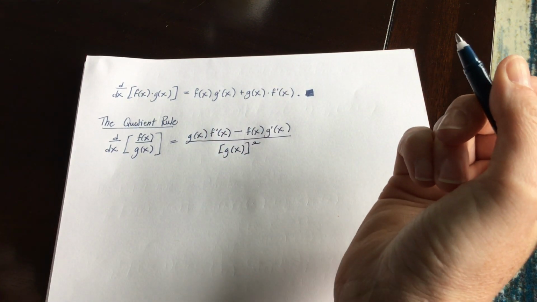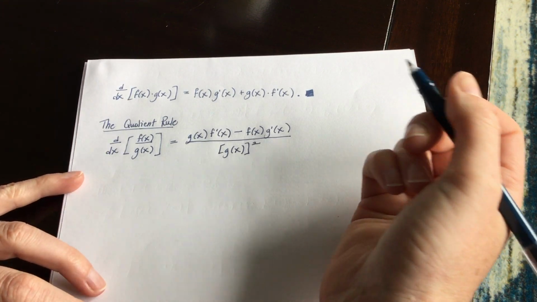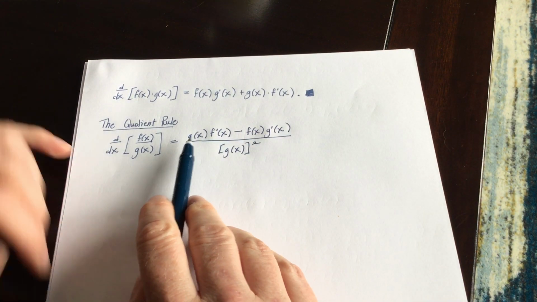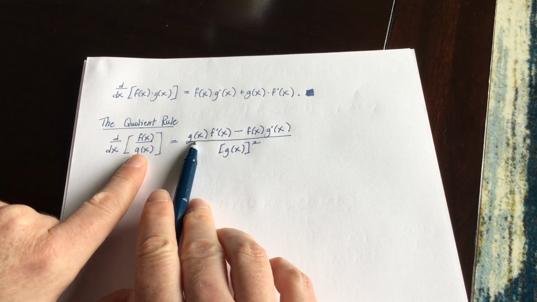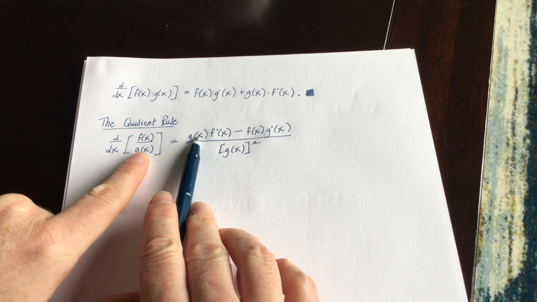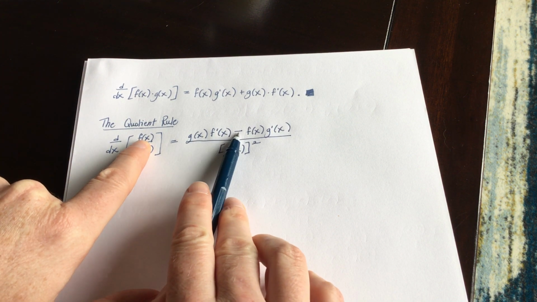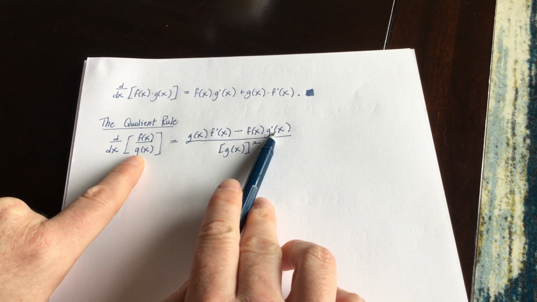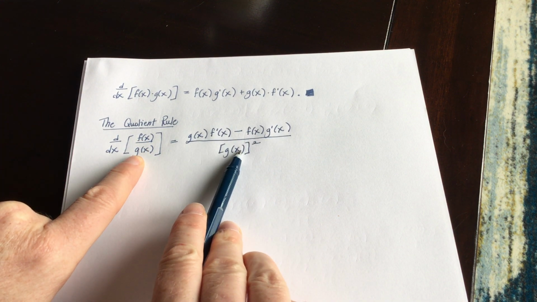All right, try not to freak out. So the dorky way of remembering this is, and I'm going to point to the location on the left. So low d high minus high d low, all over the bottom squared we go.